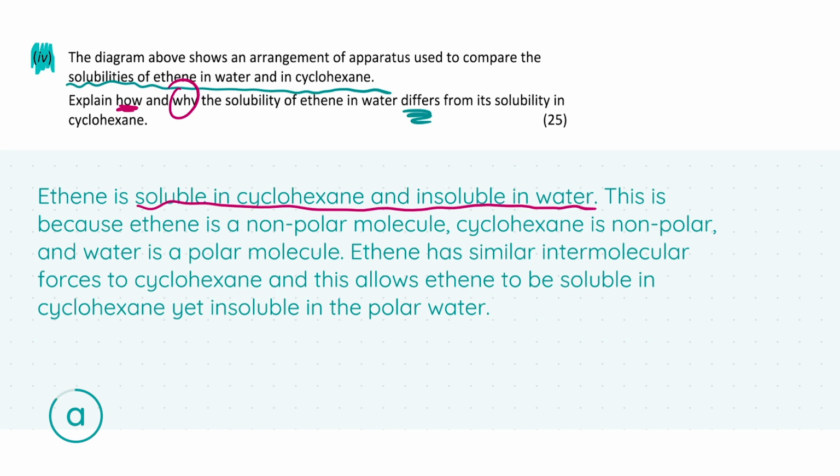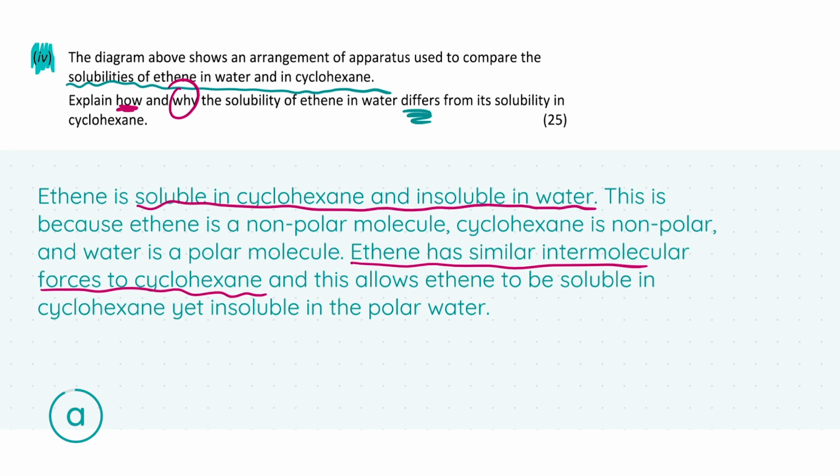While if we take a look at water, it is a polar molecule and has quite different intermolecular forces to that of ethene, and as a result it can be a little bit more difficult for ethene to be soluble in water. So the key thing to take away here is that ethene has similar intermolecular forces to cyclohexane, thereby making it soluble in the cyclohexane, and because water has different intermolecular forces to ethene, it is difficult for ethene to be soluble in the polar water.